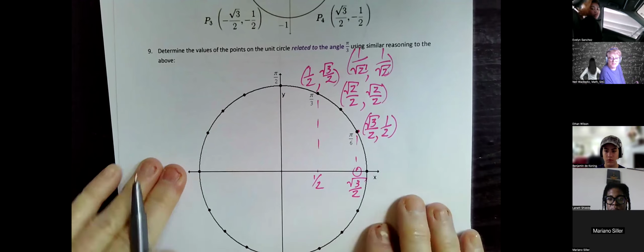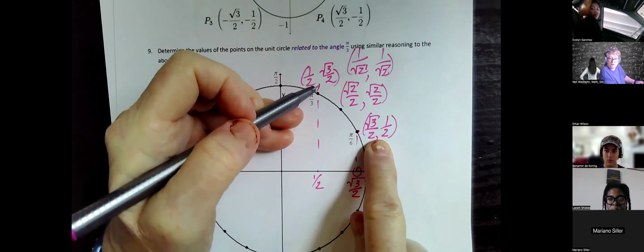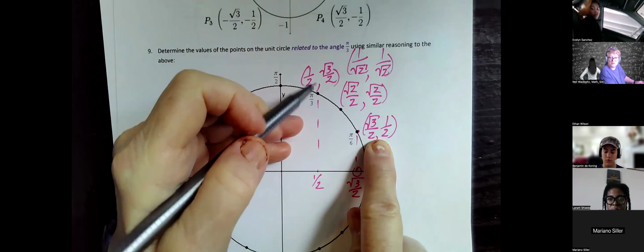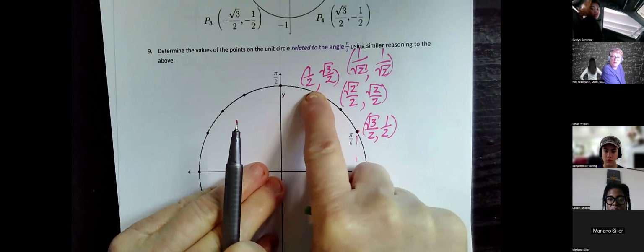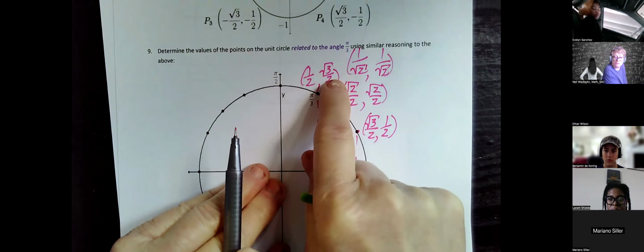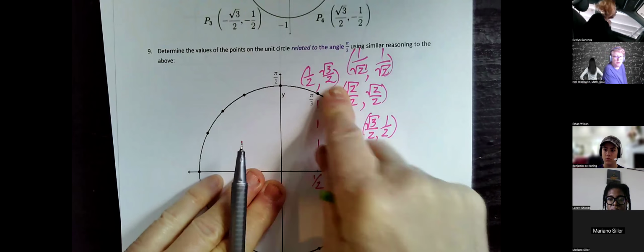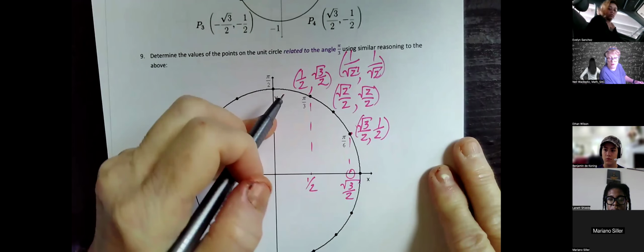Okay, so we've got a way to remember these three points. Whenever we have a 1/2, the other is always root 3 over 2. Positive or negative will depend upon the quadrant.